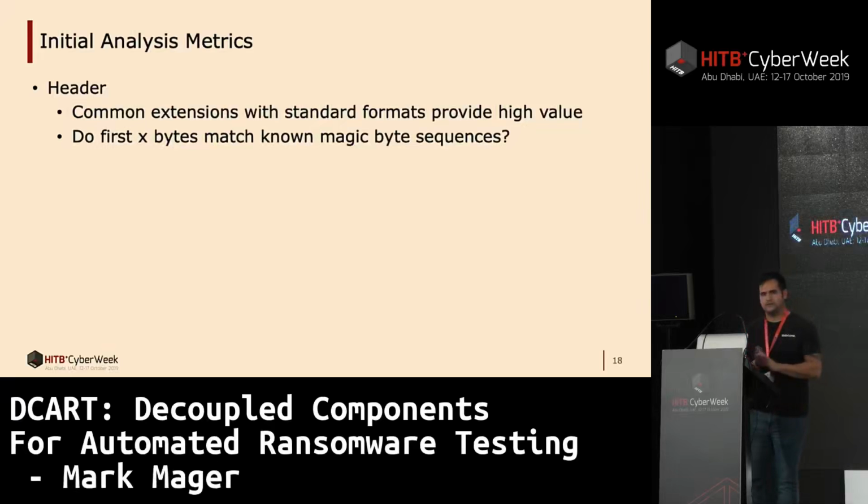The file header is also another very important part to look into. The way we get information from this is that with more standardized formats for file extensions, like docx, doc, PDF, anything along those lines, they're going to have very well-documented headers and magic byte sequences that we can reliably point to and say, this is a ground truth, this is a .pdf file, it should start with these 4 bytes all the time.